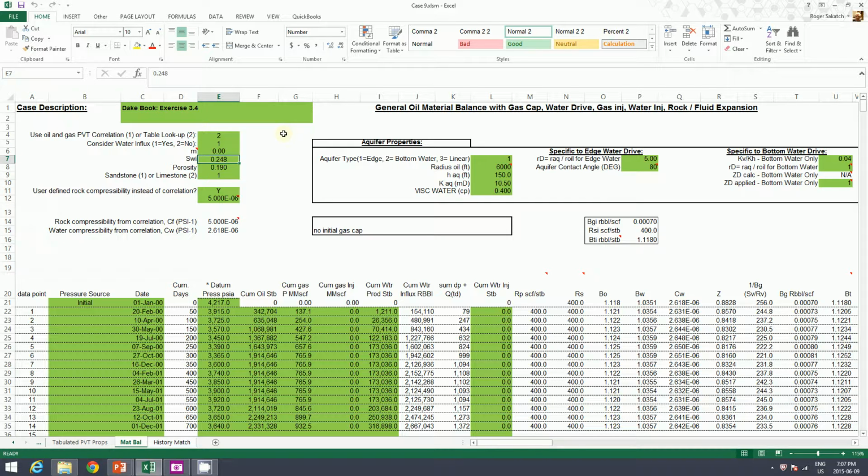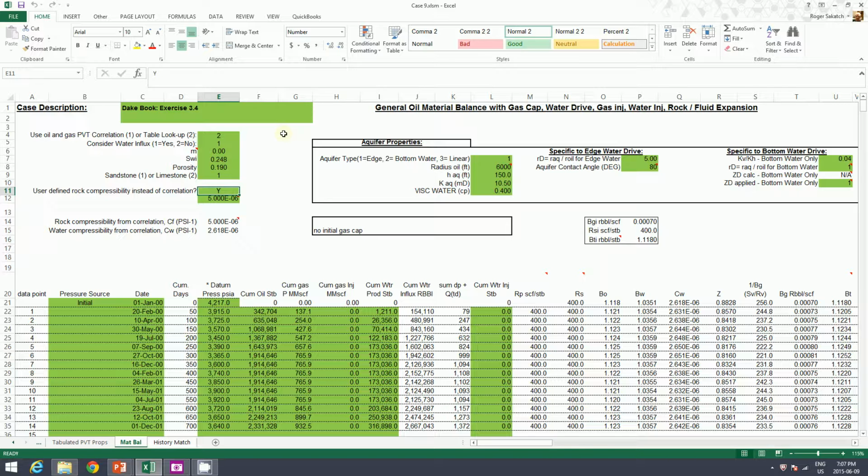Estimated water saturation, average water saturation for the oil reservoir is just under 25%, and the average porosity for both the oil zone and the aquifer is 19%. In this case, I've chosen to use a specific rock compressibility that does not come from correlations.